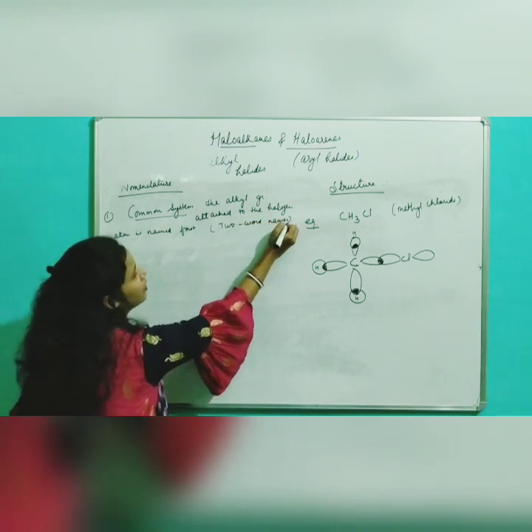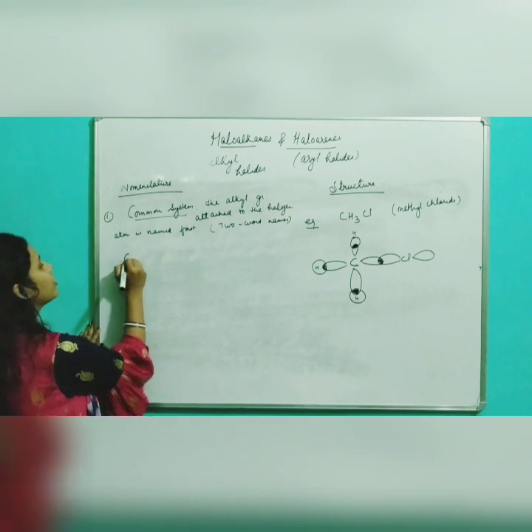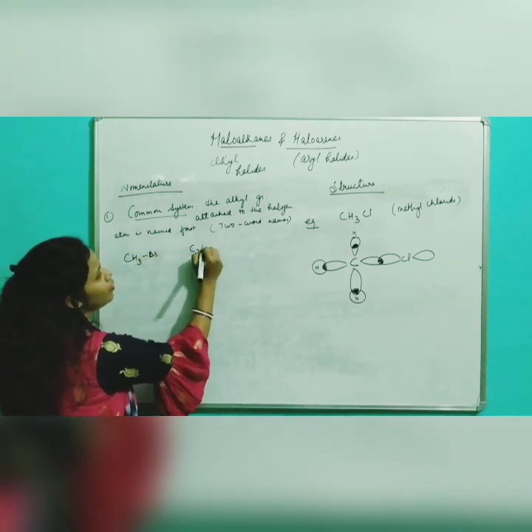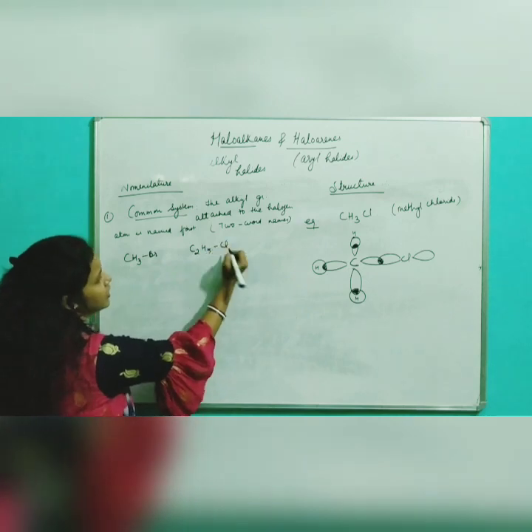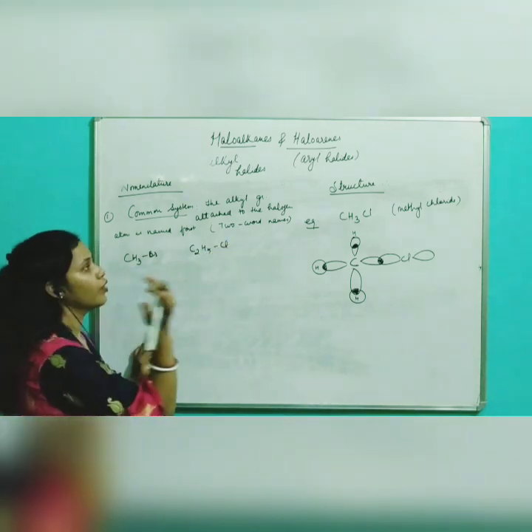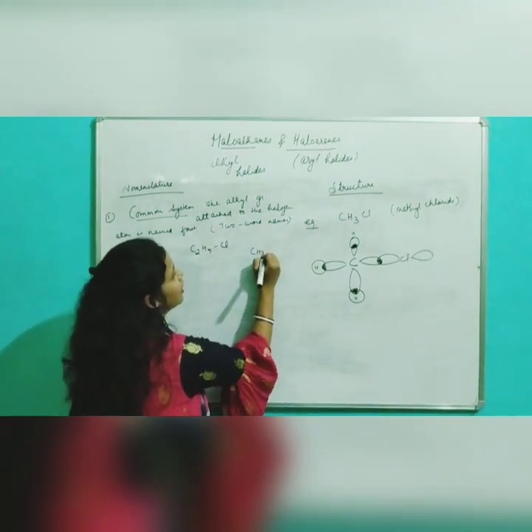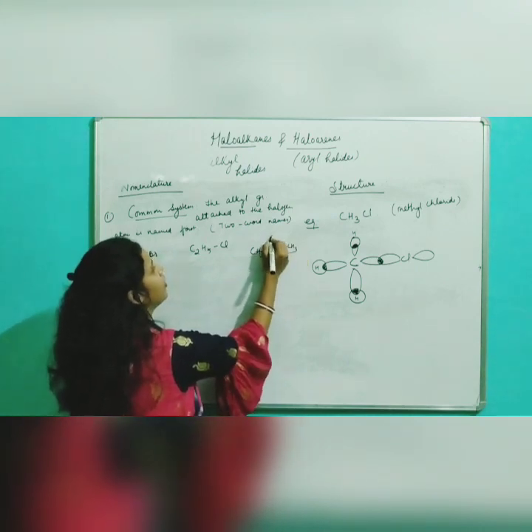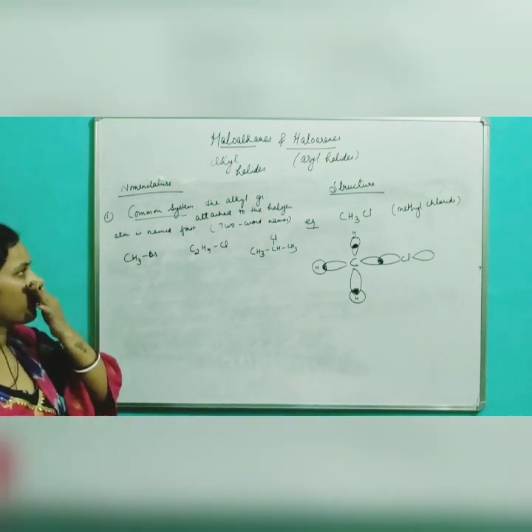For example, if we have CH3Br, or C2H5F, or CH3CHCH3 with Br.